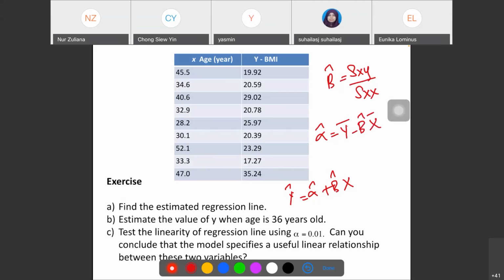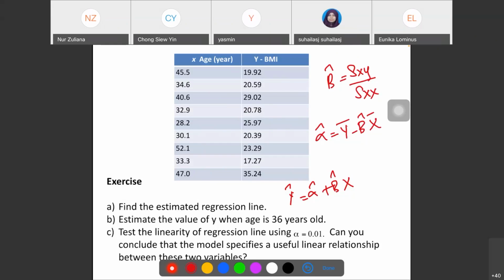Okay. So if we have a data set, and the question is only worth 2 marks, normally, you just want to find alpha and beta, you can use directly from your calculator mode, REG, linear regression, to find alpha and also beta.